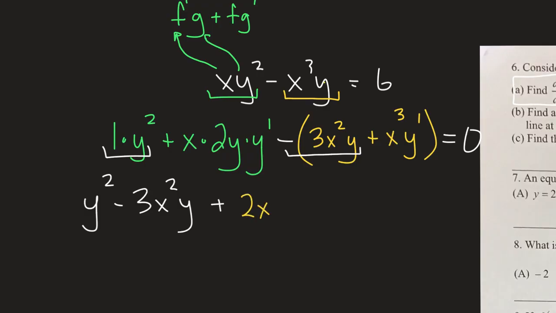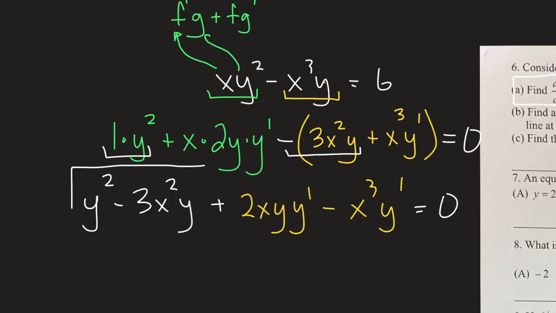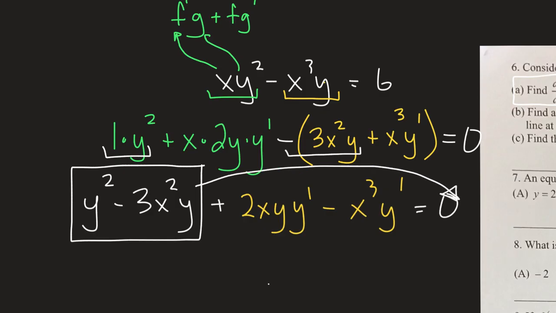So 2xy y prime minus x cubed y prime, right? Those all have a y prime in them. So our next step would be to take all of my non-y prime stuff and subtract it to the other side of my equal sign. So this is a positive 3x squared y minus y squared.